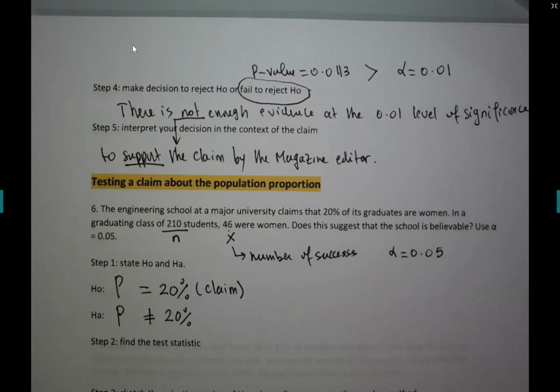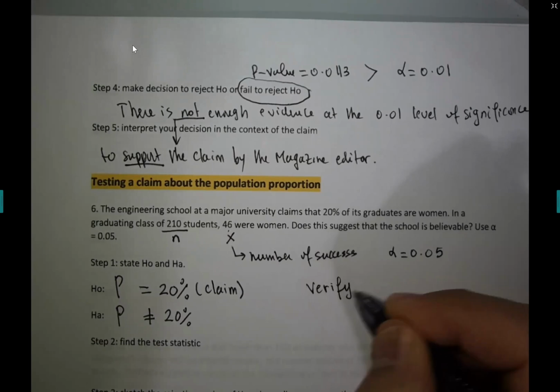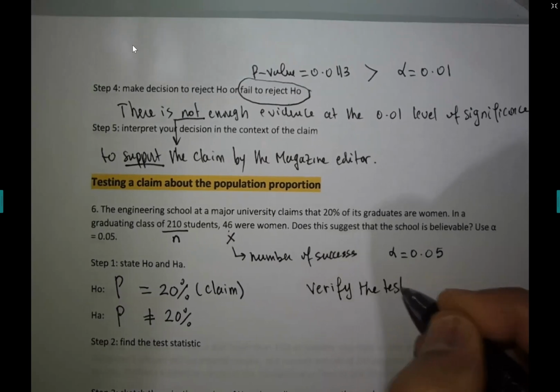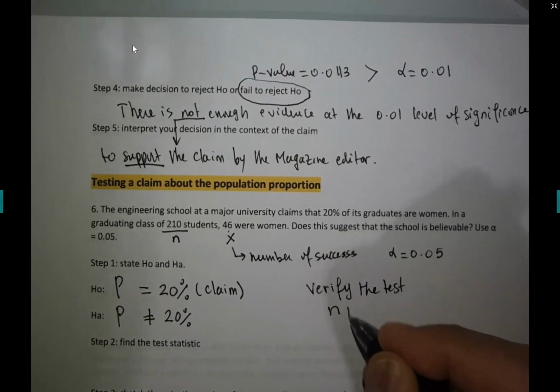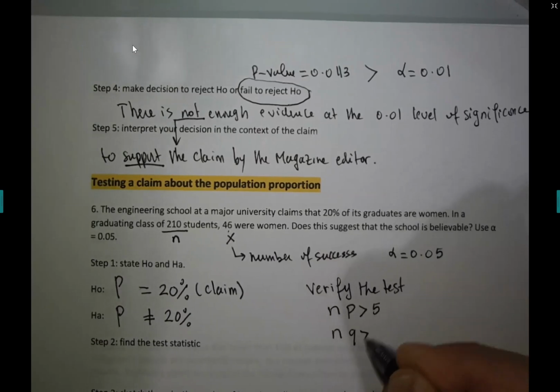If you are asked while doing your homework to verify that we can run a hypothesis test on this proportion, you have to check that NP is greater than 5 and NQ is greater than 5.